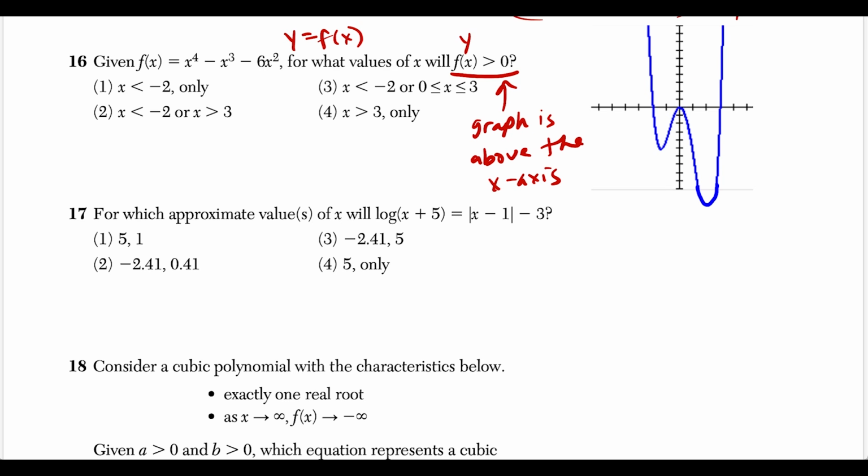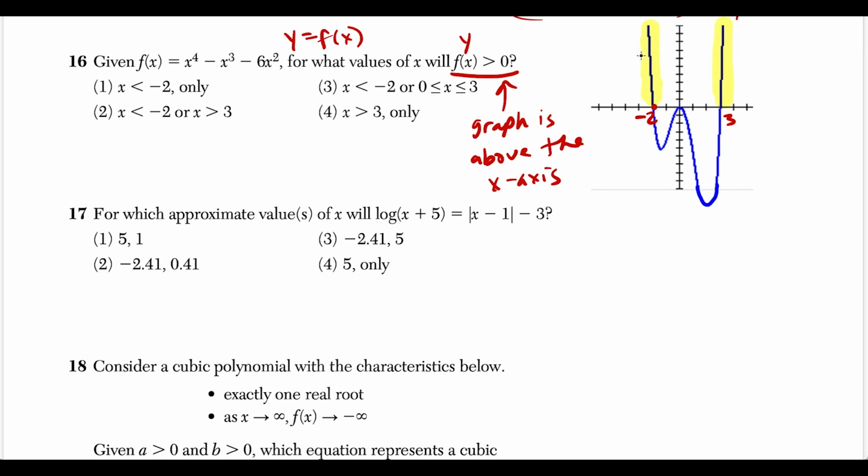So now we just look, and we could see here that if I highlight this portion of the graph here, the graph is above the x-axis. Then it goes under, it wants to go back over, but it stays under, and then it comes back over again over here. So now we just have to count. We could see here that at x equals -2 is when the graph goes under the x-axis, and then it's under, and then at x equals 3, it goes back above.